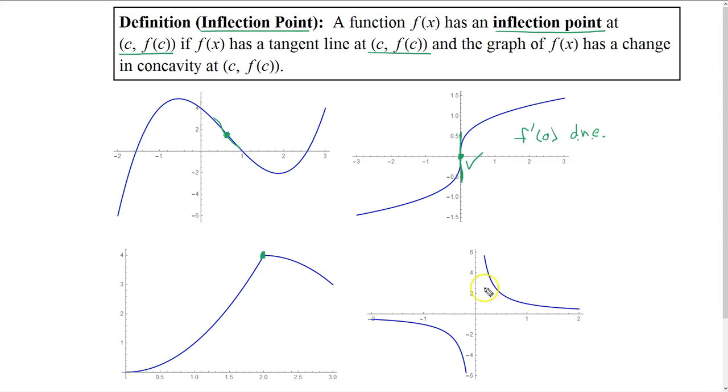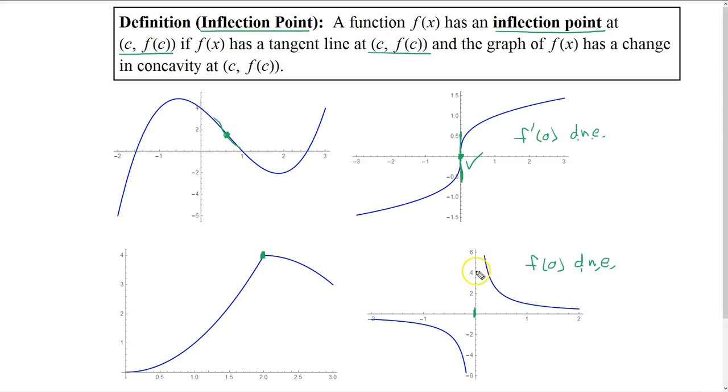Now if we look at this graph over here, we have a change in concavity as we move across 0 here on the x-axis. We go from concave down to concave up. However, notice that f of 0 in this case does not exist. So we do not have an inflection point for this function.